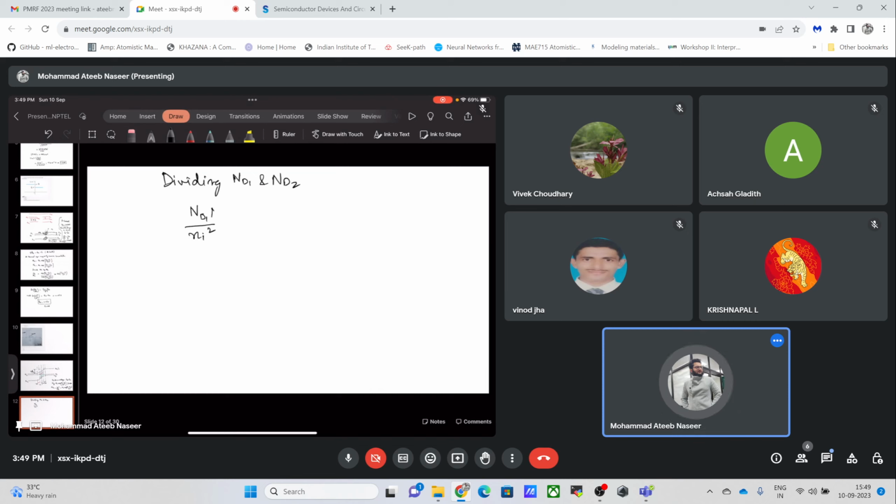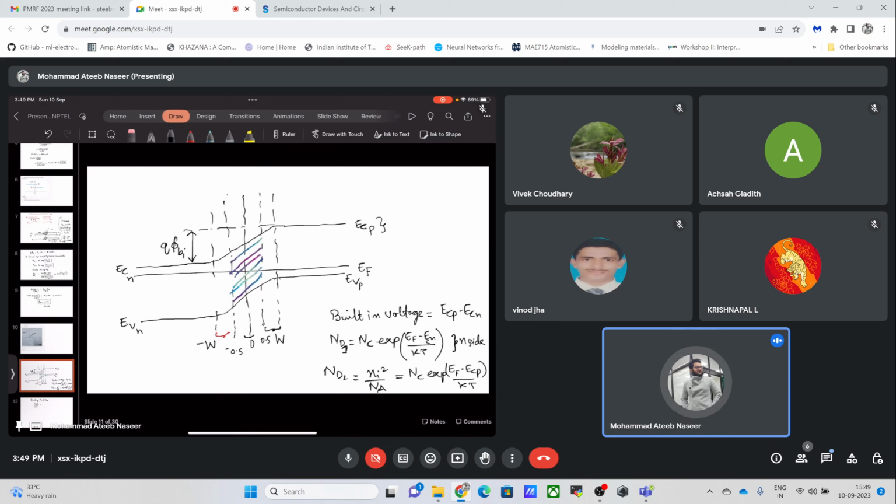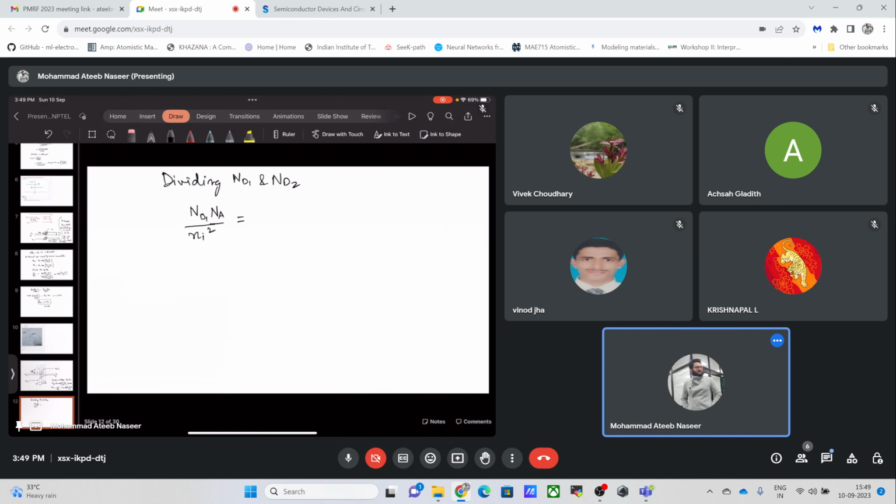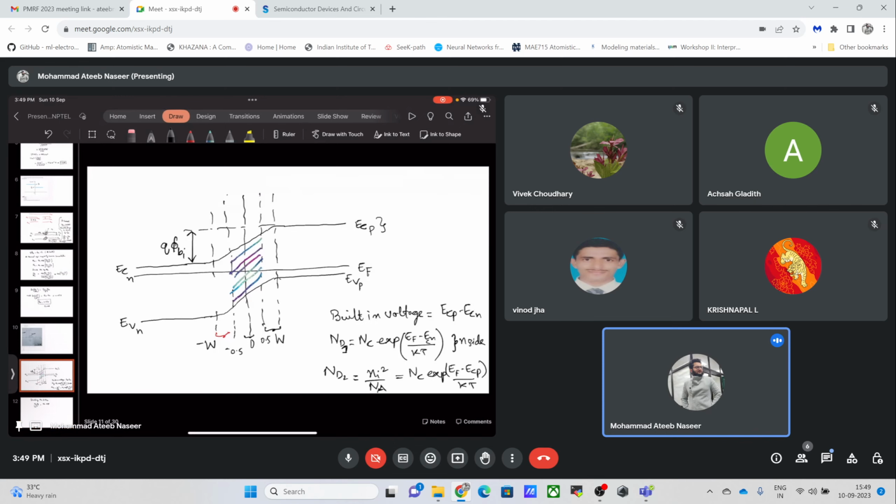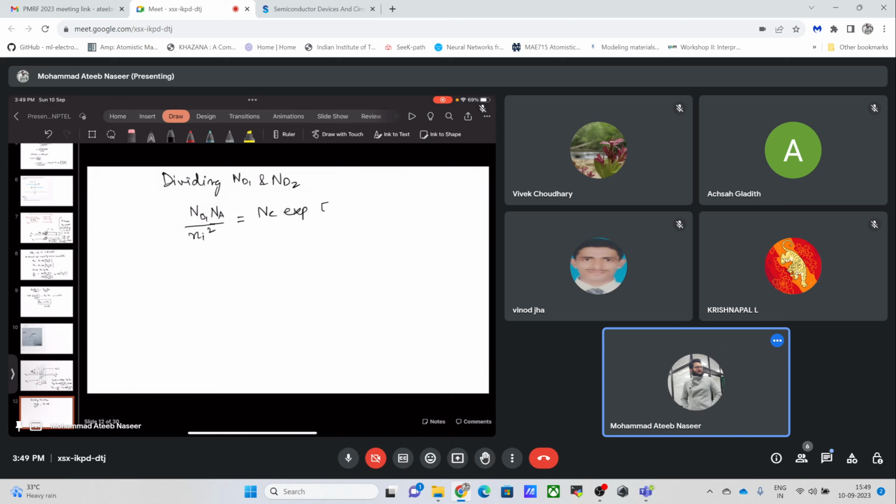So it would be ND1 into Na divided by Ni square, equal to Nc exponential of EF minus ECN by KT divided by Nc exponential of EF minus ECP by KT.